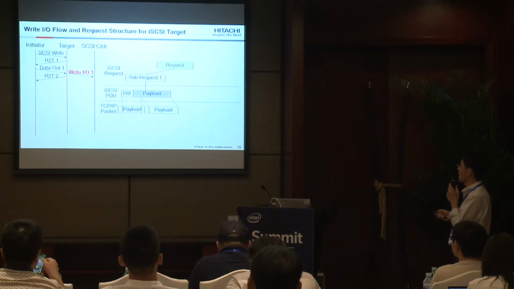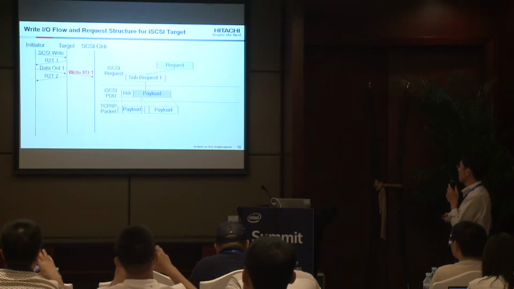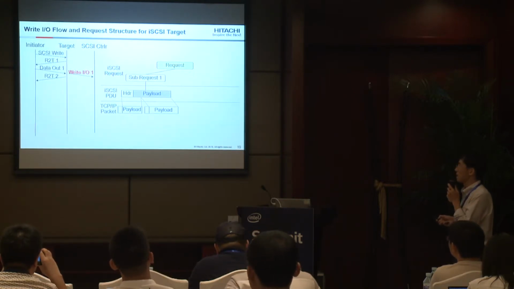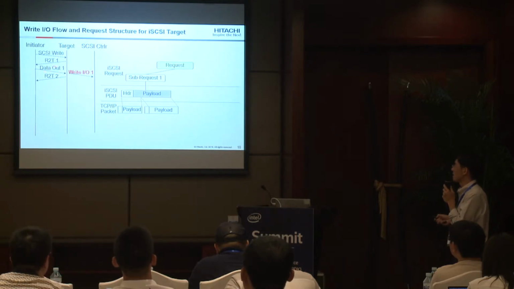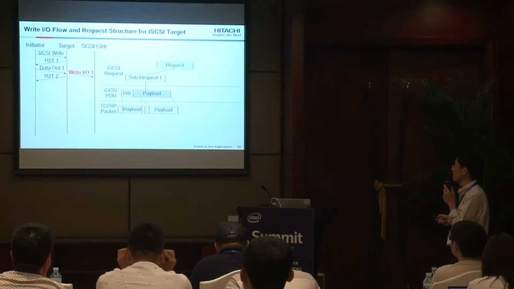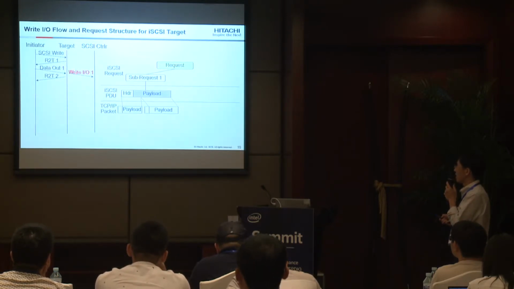When the iSCSI target receives this data, the SPDK iSCSI target creates a sub request, and the target cannot keep gathering data. So at this time, the SPDK target submits the split first I/O to the SCSI controller.